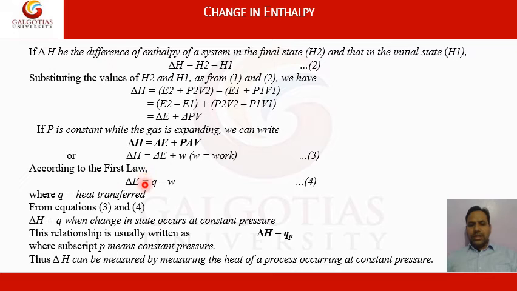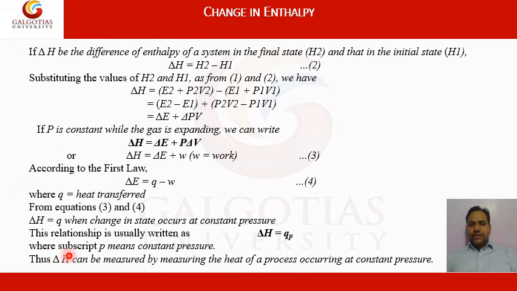According to the first law, delta E is equal to Q minus W, where Q is the heat transfer. From equations 3 and 4, delta H is equal to Q when the change in state is at constant pressure. This relation is usually written as delta H is equal to QP.